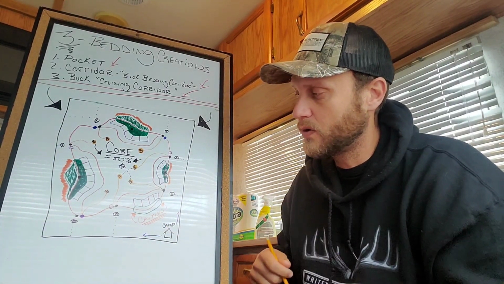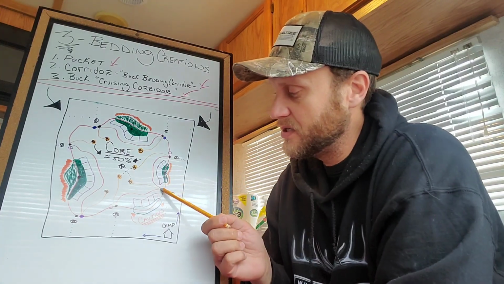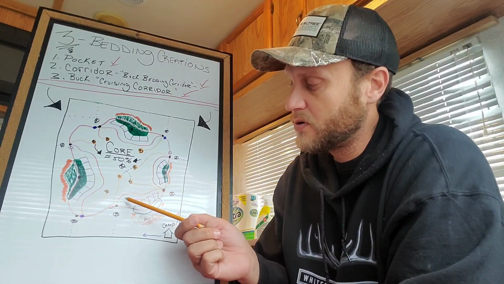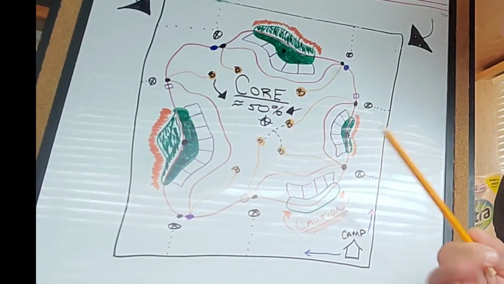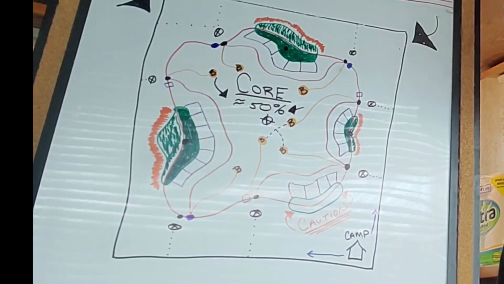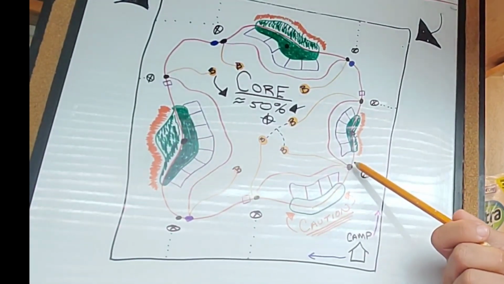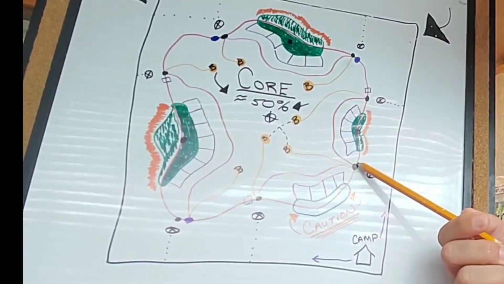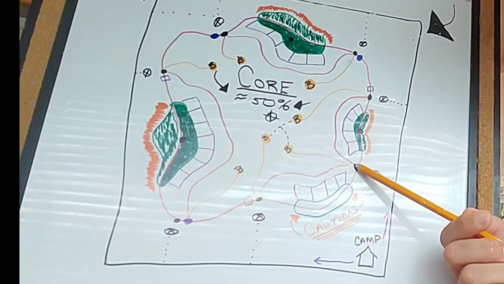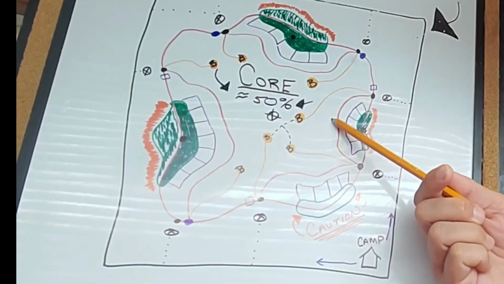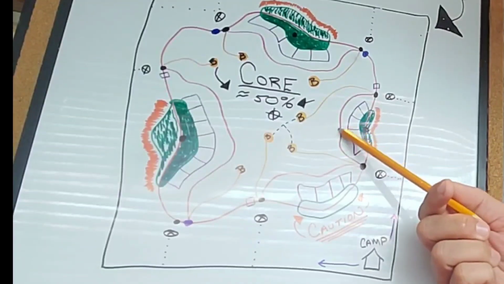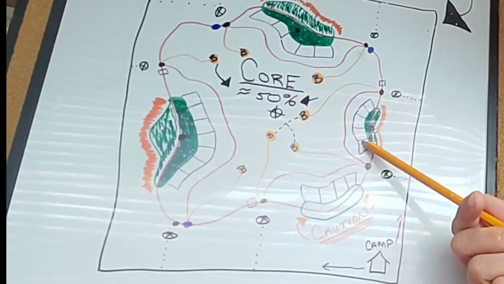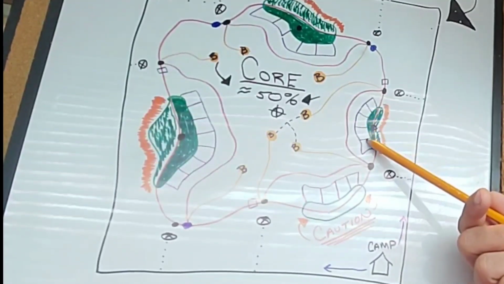What the buck cruising corridor is, guys, is what I always like to do, and this is a real simple illustration, just out behind doe bedding. Some of these go in more internal, it all depends on the design of the property. But what you're trying to do is set up a cruising corridor, 5 to 8 feet wide, that still connects to your points of impact, but goes out and around the backside, picks the backside up about 20-30 yards behind your doe saturated smell area where your does are bedding.